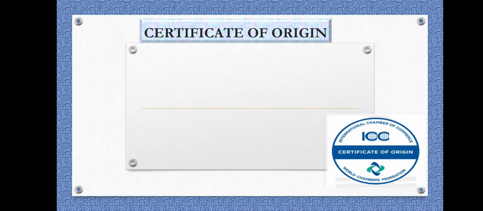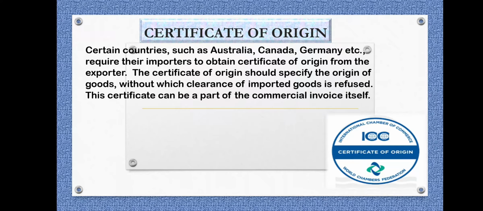Second document is certificate of origin. Certain countries such as Australia, Canada, Germany, etc. require their importers to obtain certificate of origin from the exporter.